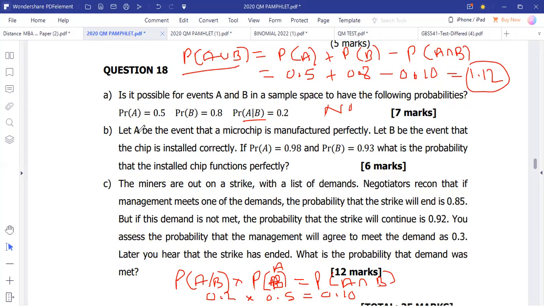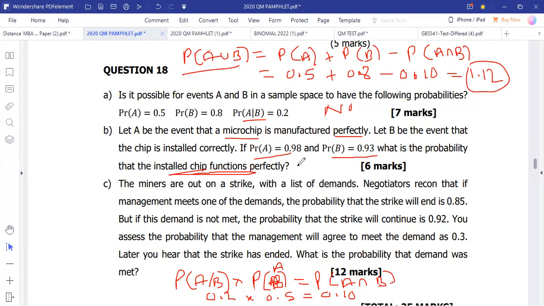Here we're told that A is the event that a microchip is manufactured perfectly, and B is the event that the chip is inserted correctly. What is the probability that it is installed and functions perfectly?